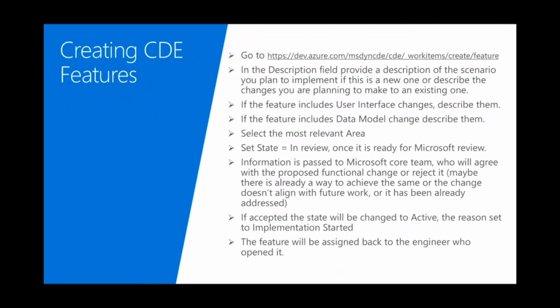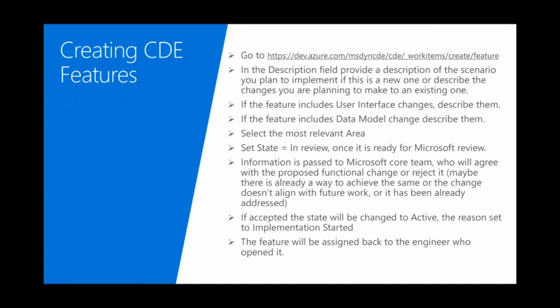For features, the information is somewhat similar to that of bug, but there's some information that needs to be called out more. If you are proposing or handing over a feature that is changing some functionality, and if that feature is adding some changes into the user interface, you need to call them out explicitly.